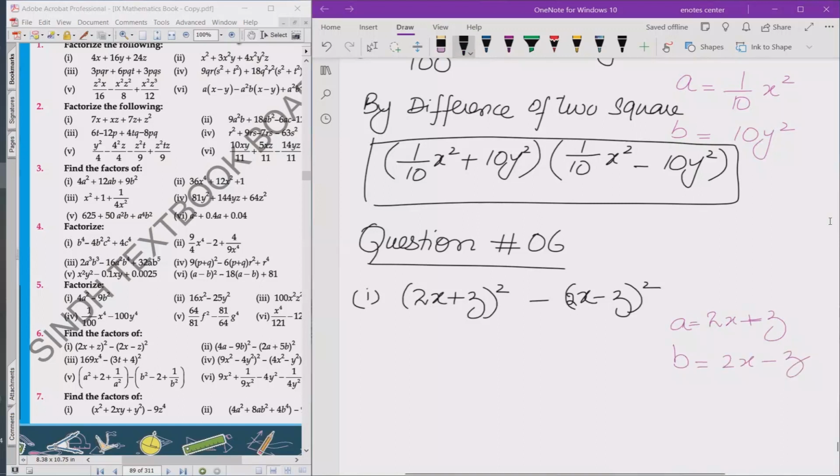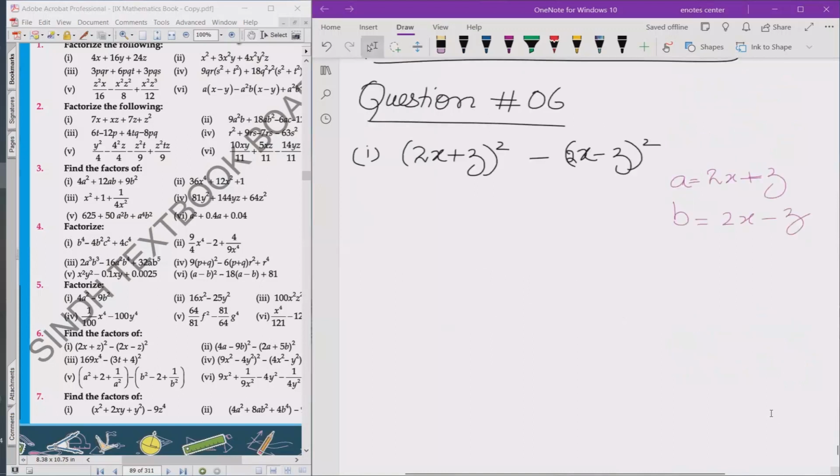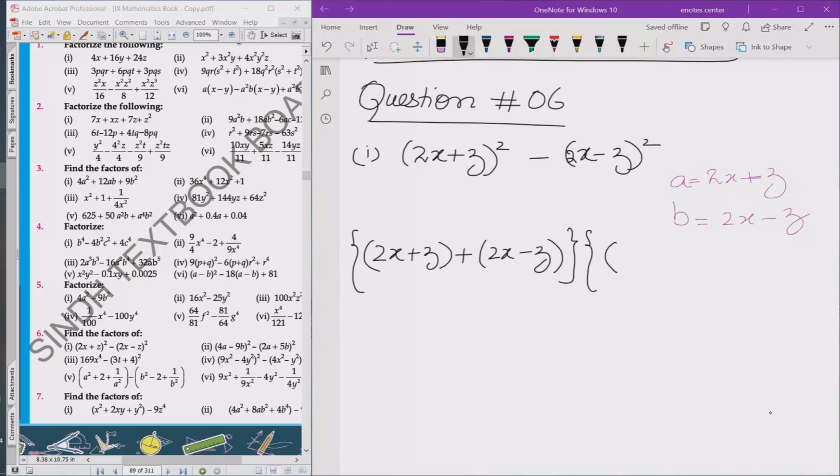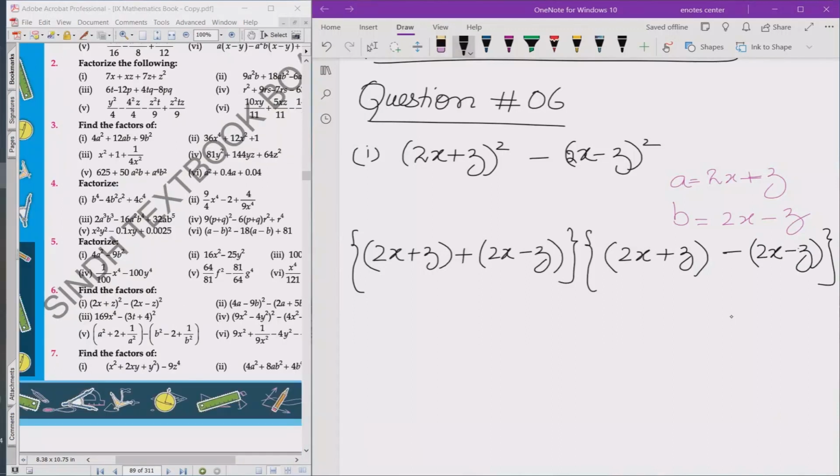We will simplify with a similar method as we have already covered: 2x plus z plus 2x minus z, and then multiply, making a curly bracket because we already have a square bracket in it, by 2x plus z minus 2x minus z. This is the answer.